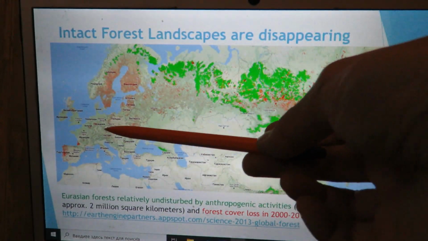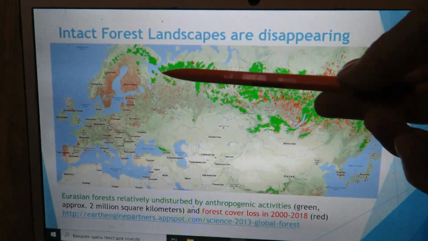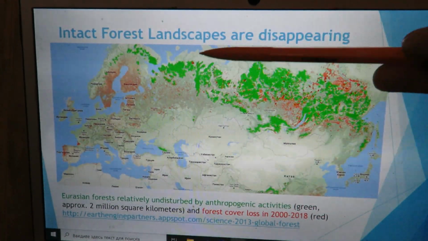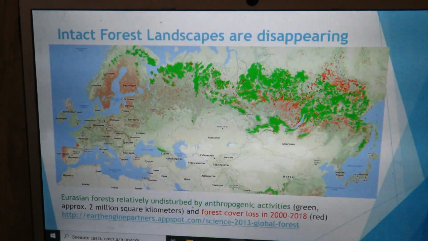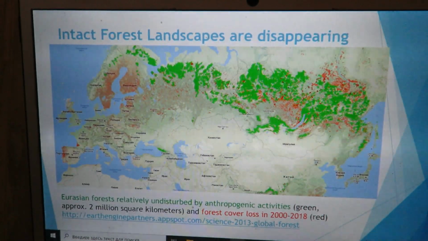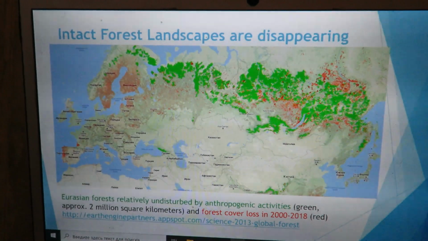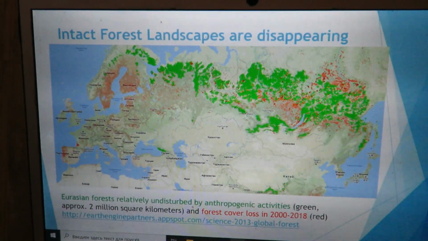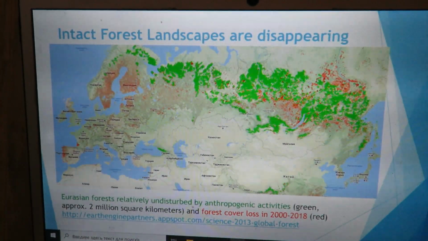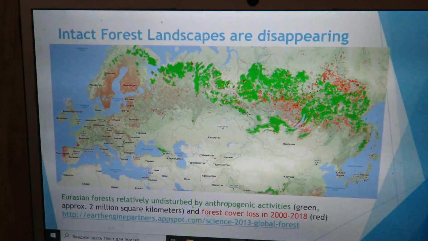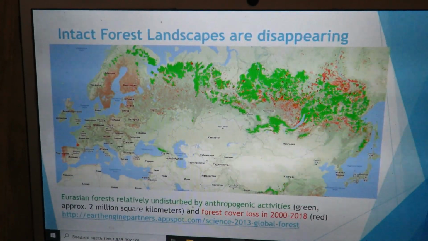You can see that it is still relatively far from this intact forest belt, because this forest belt is enormous in its extension, nearly 7,000 kilometers. It impacts weather and climate far beyond the territory it occupies.